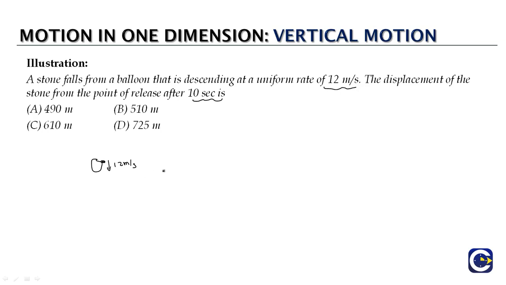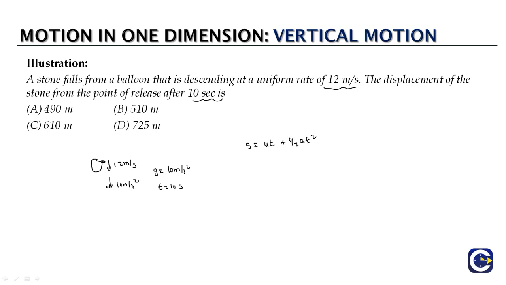If we take the value of g to be 10 meters per second square, then the acceleration will be 10 meters per second square downwards. Time of motion here is given to be 10 seconds. Since we need to find the displacement, we'll use S is equal to ut plus half at square formula.